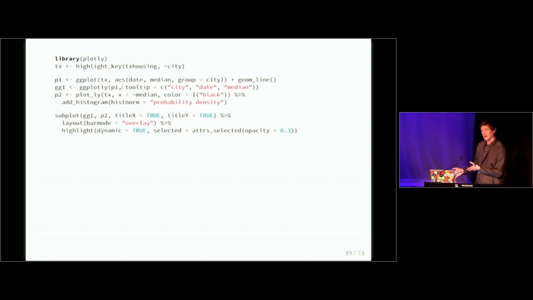Then for the aggregated part on the right-hand side, I'm mapping median to the x-axis. And by default, when you use this tilde here, plot_ly works a lot like qplot in the sense that it's going to assume the value that you provide is a data value, not a visual attribute, like something on the visual range rather than the data range.